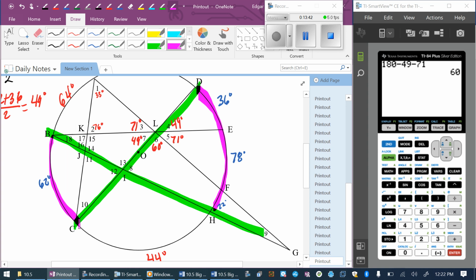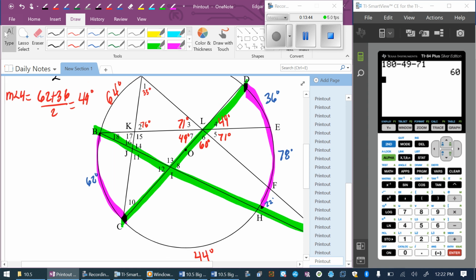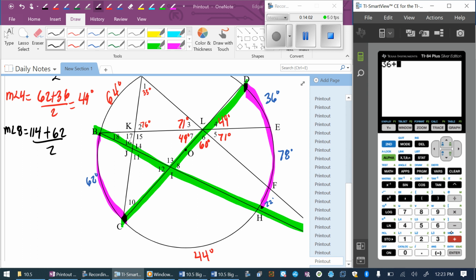So just like earlier, the measure of angle 8 is equal to, let's see, 36 plus 78, that's 114, plus 62. We could divide that by 2. Let me just double check my math here. So 36 plus 78, yep, 114, added to 62, and then we divide by 2.